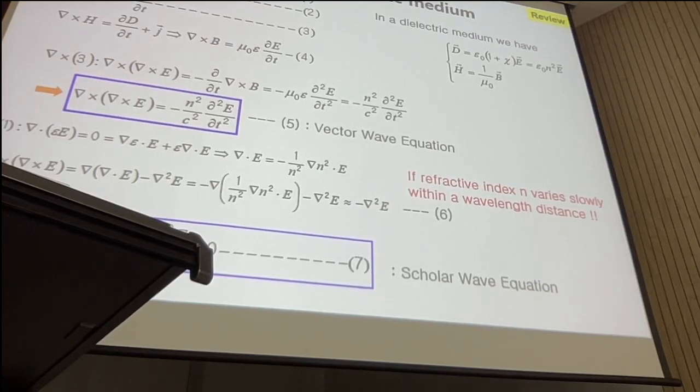The condition is like this. If you have a two-medium boundary, we studied the Fresnel equation, the reflectivity and transmittivity of the electromagnetic wave at the boundary. We have already covered that one. And that is the vector equation.